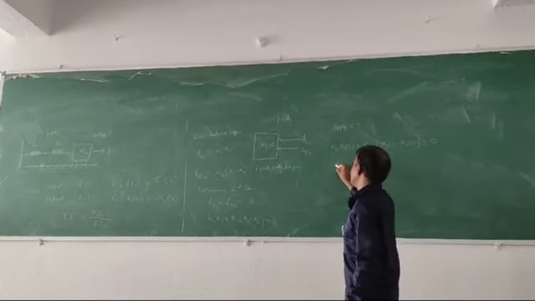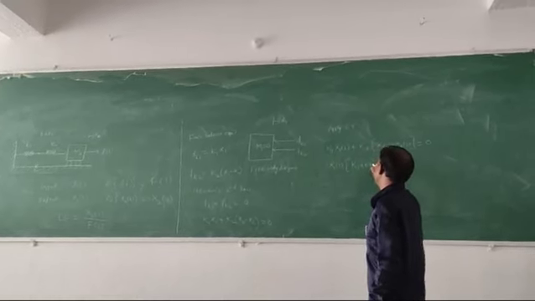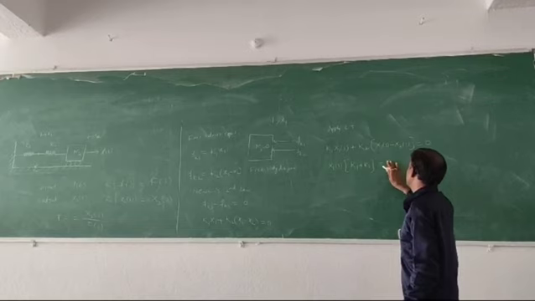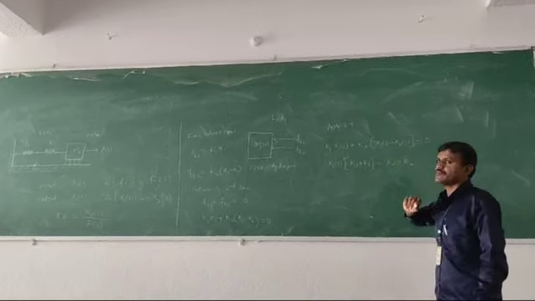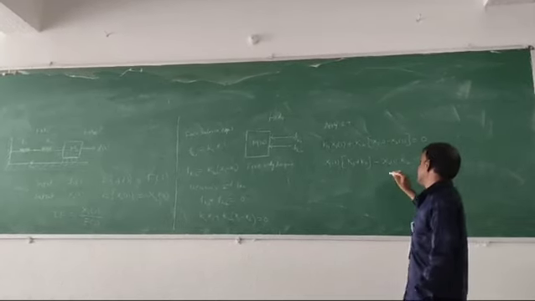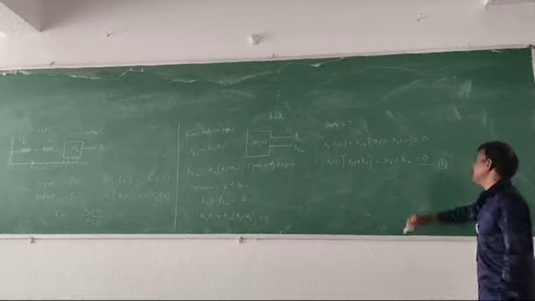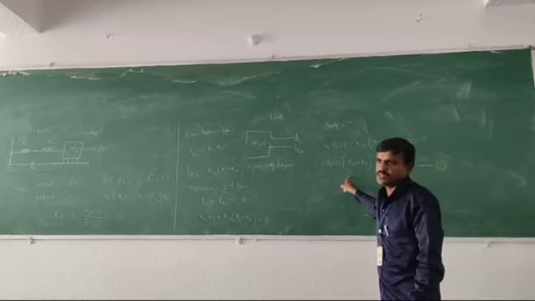Take X1(s) common, we will remain with (K1 plus K2) X1(s) minus K2 X2(s) is equal to 0. Let's call it equation number 1. This equation is called the differential equation.